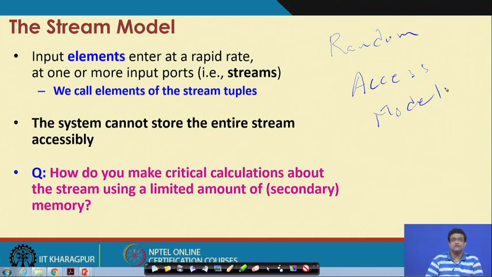In this case you get to access the data randomly, whereas in streams you get to access the data one after the other, and typically you cannot go back to a previous data point that you have accessed.